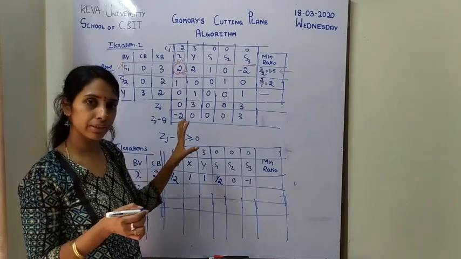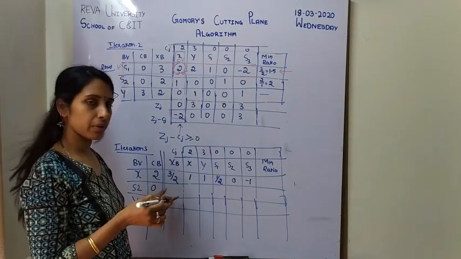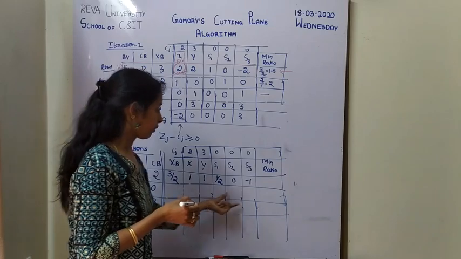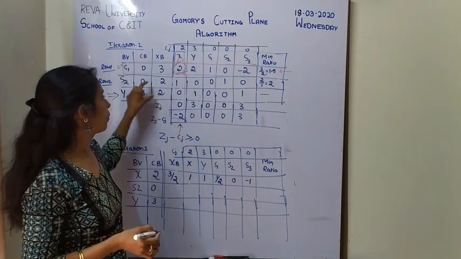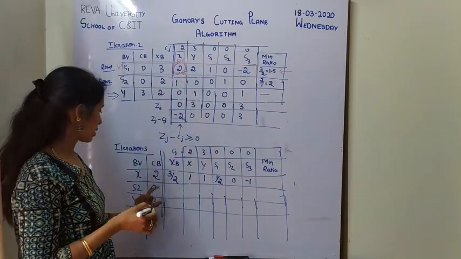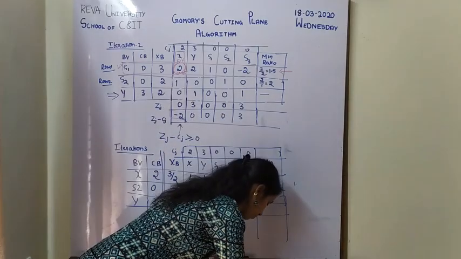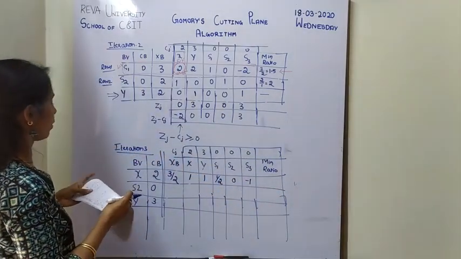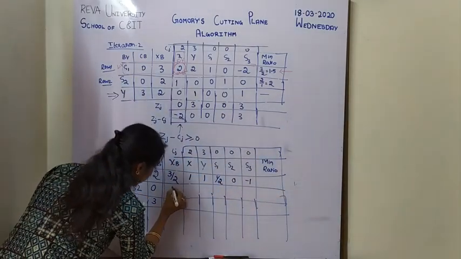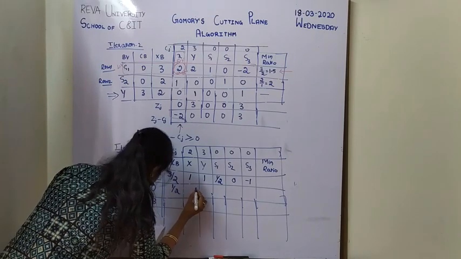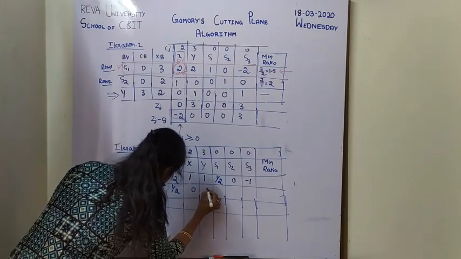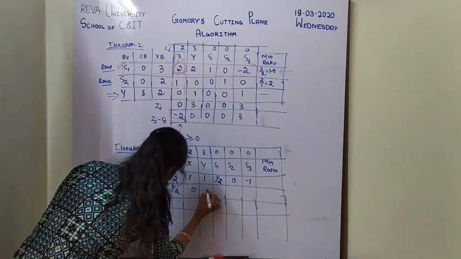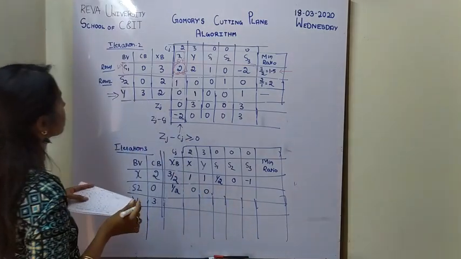So I will not do those calculations. Since we already finished and you are very familiar with how to find the values, I will just directly write the values. So here it will be 1 by 2, 0, 0.